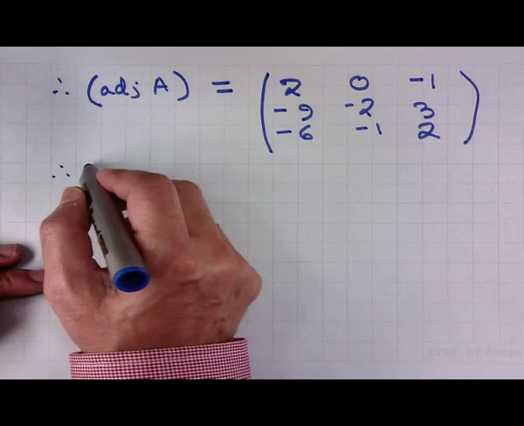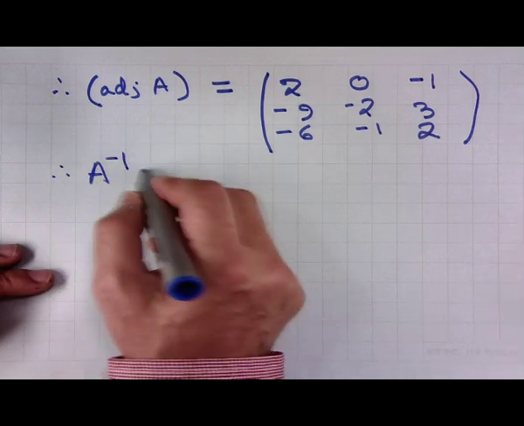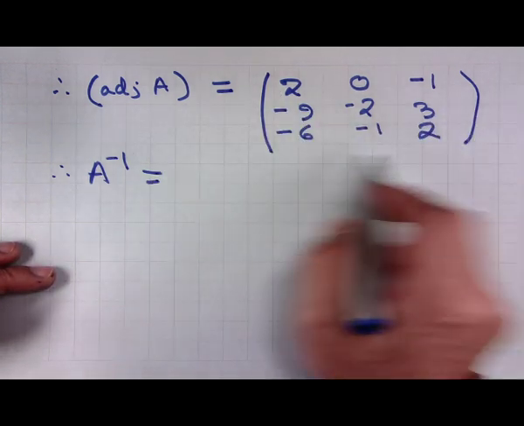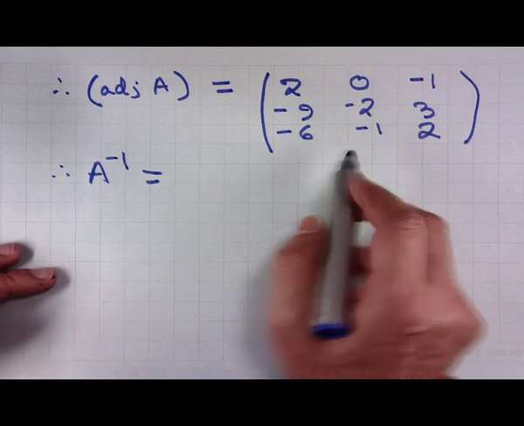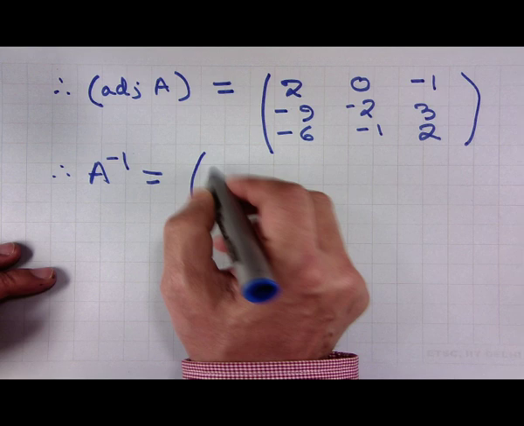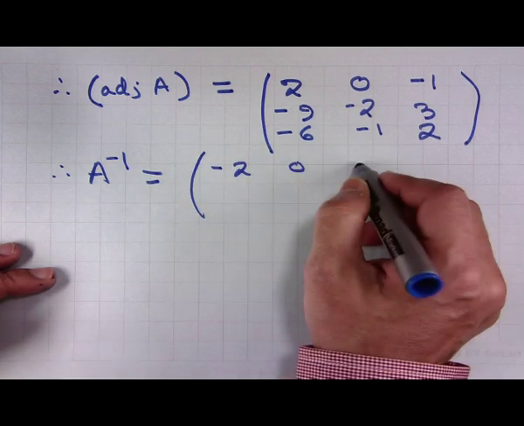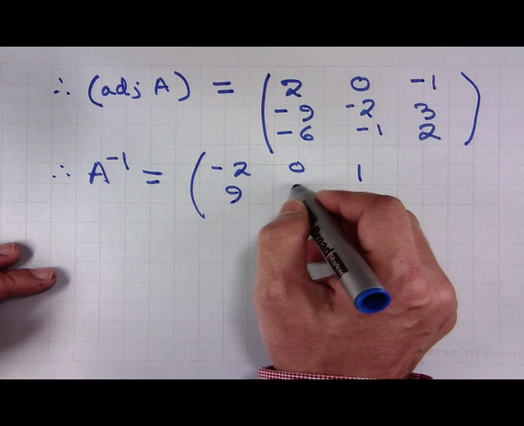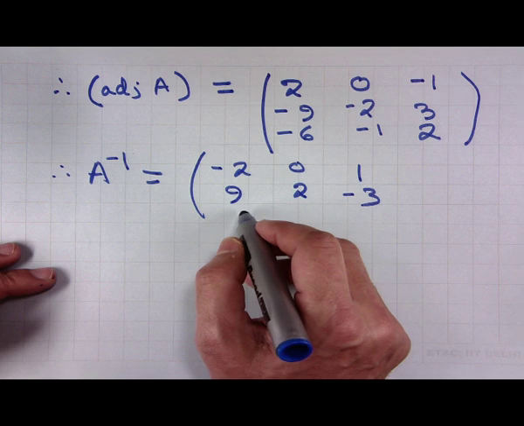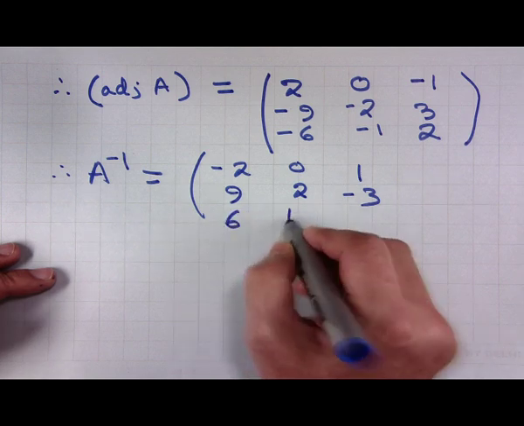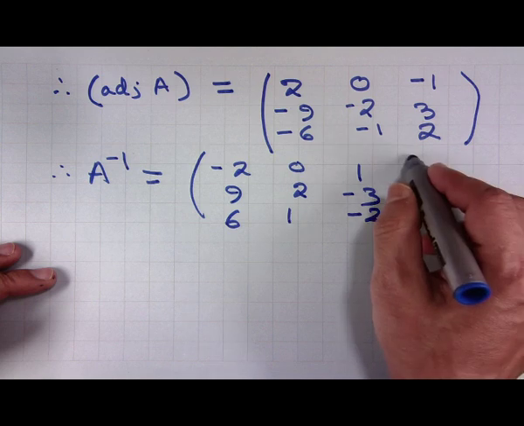Therefore, A inverse is equal to, we get by dividing this by minus 1, and therefore, that is going to be minus 2 0 1, 9 2 minus 3, and 6 1 minus 2.